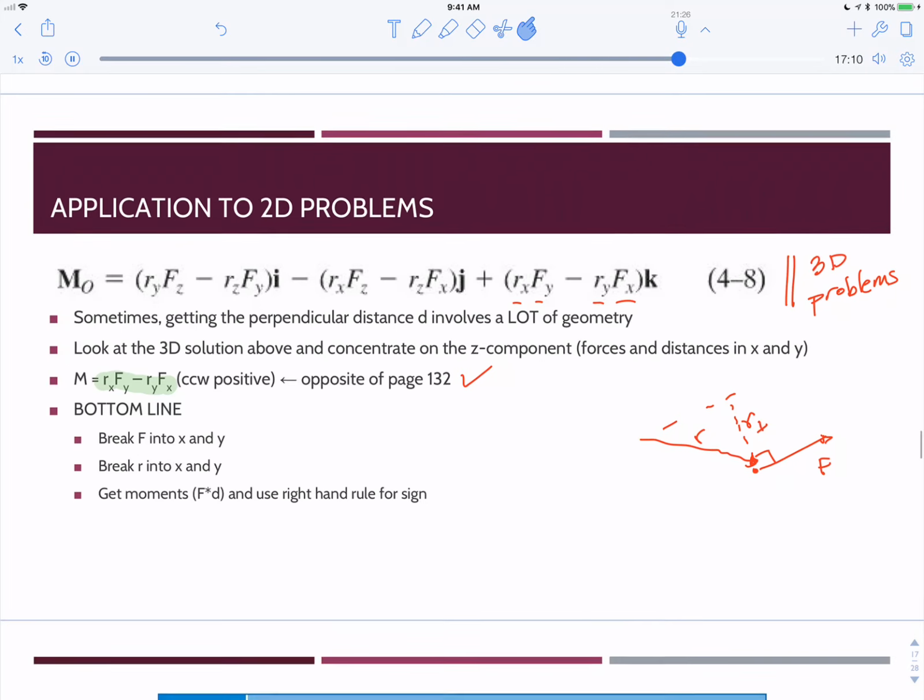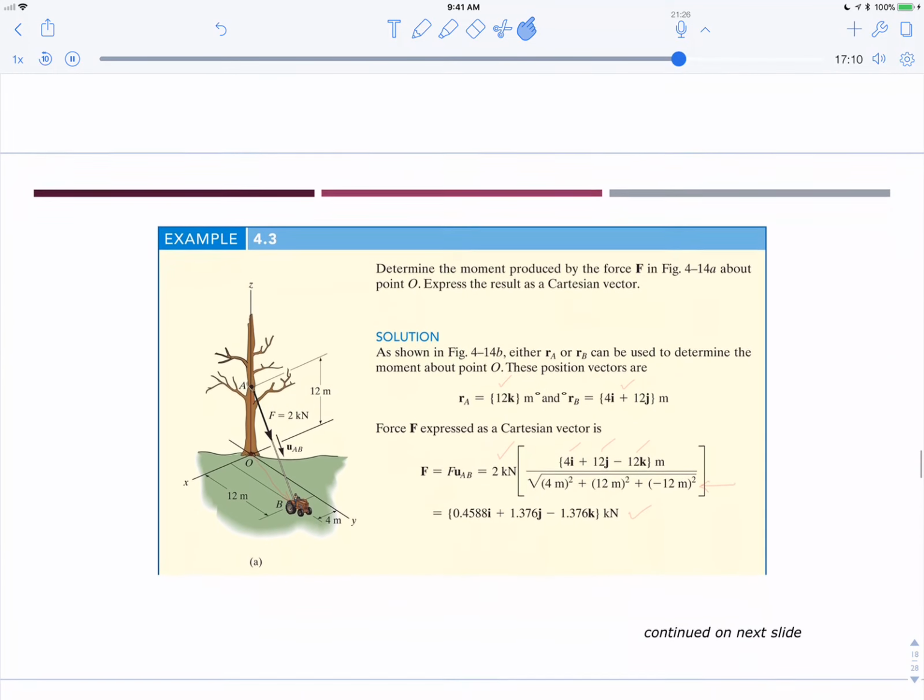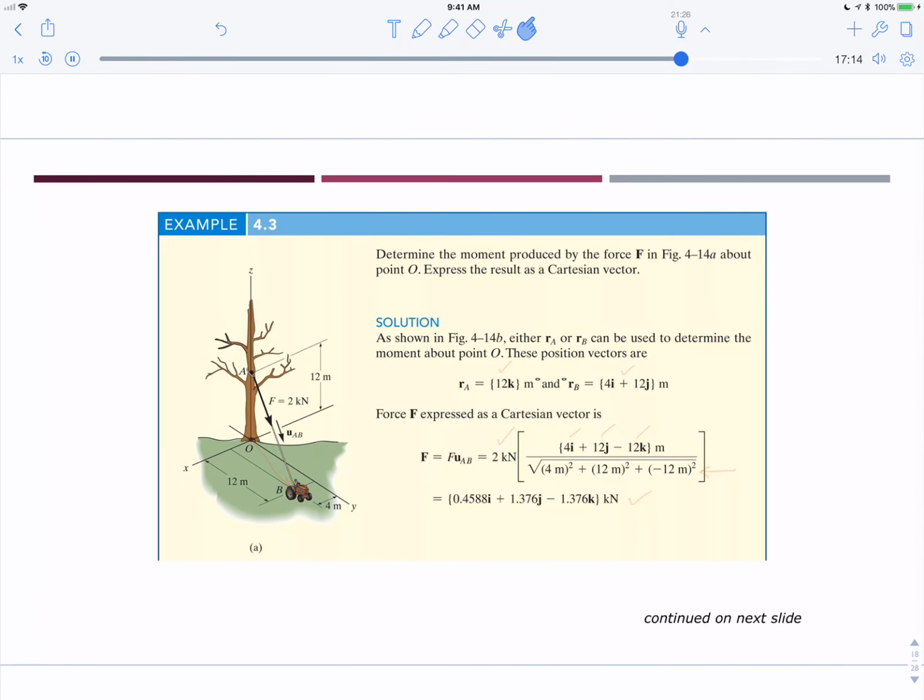Here's a simple example. We want to get the moment produced by the force F about point O. We need a vector anywhere from O to the line that the force is acting on. We could take this as R because it's getting to where the rope is tied to the tractor, or we could use this as R. It doesn't matter.